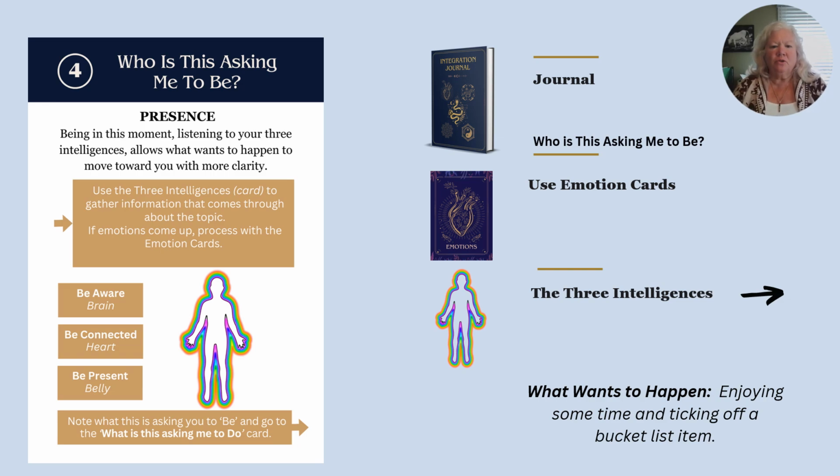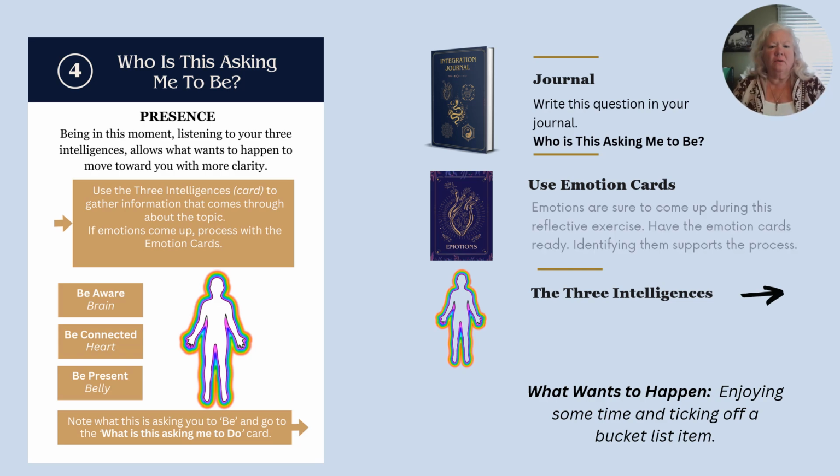So you'll have your journal, and this is where you're going to write the question in your journal and have the emotion cards at hand, because often emotions come up as almost like preliminary emotions that are asking to be noticed, for us to get the message behind the emotion, because often these emotions can be what's blocking us from stepping into what wants to happen.